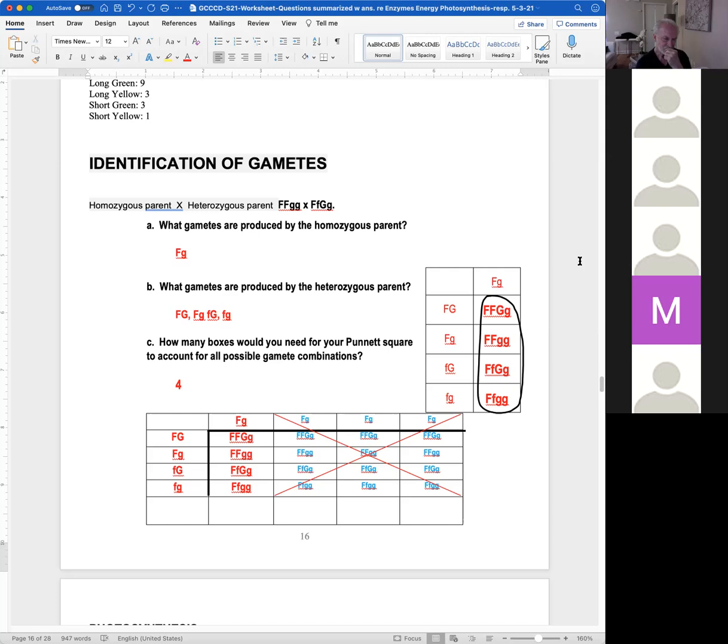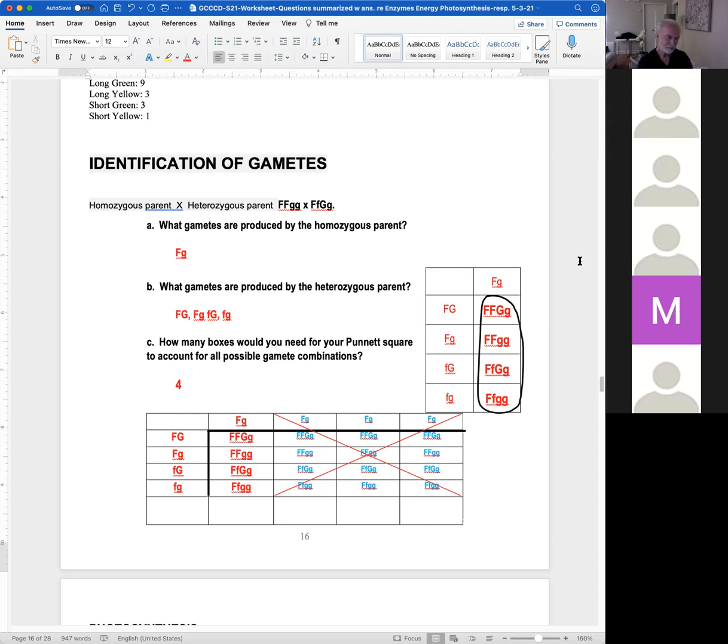Correct. And so this second box is showing you that if you did do four different boxes for the first parent, the big F little g, you're going to get exactly the same answer in every single column. So essentially you're just wasting your time, because there's no reason to get the exact same answer over and over again.